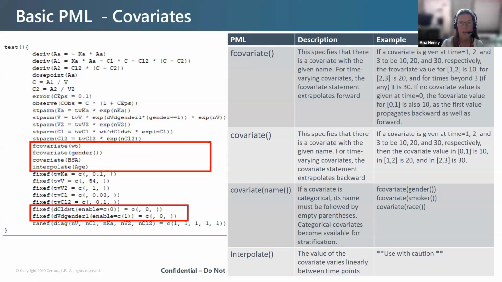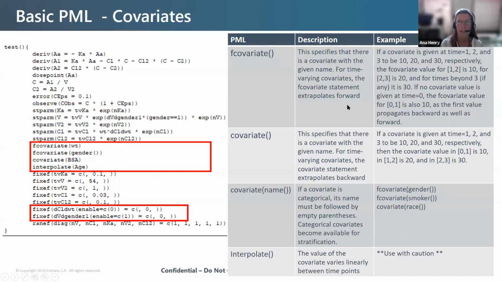Now, we did see also covariates, so I wanted to talk briefly about this. And there are 4 ways of having the covariate code. The F covariate is the one that is the default and you're going to see most often. So that specifies that you have a covariate, and the name will go here in the parentheses, and that this extrapolates forward. And what does that mean? I put some examples here.